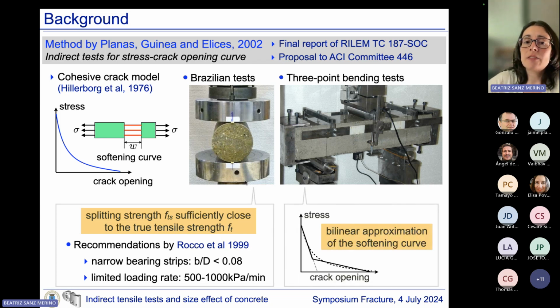And then from the three-point bending test, together with the result of the Brazilian test, an inverse analysis is performed, and we obtain the main fracture parameters of concrete, and in particular the parameters to define a bilinear approximation of the softening curve, as sketched in that figure.